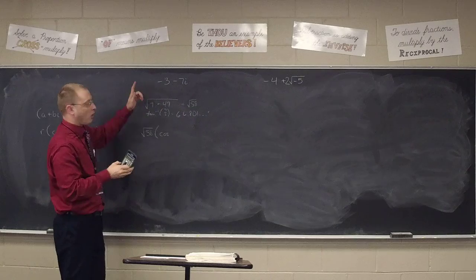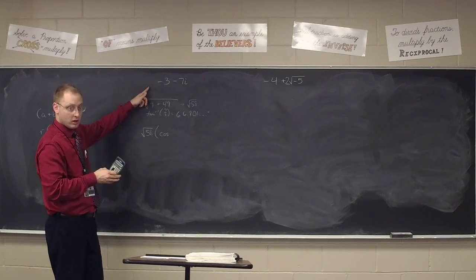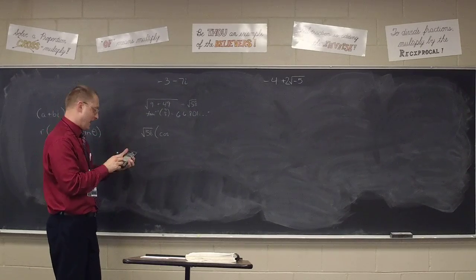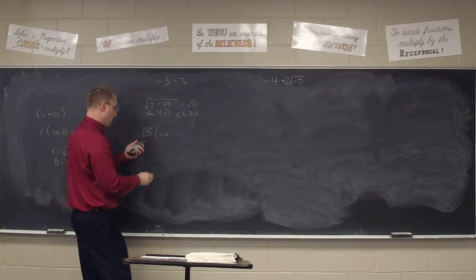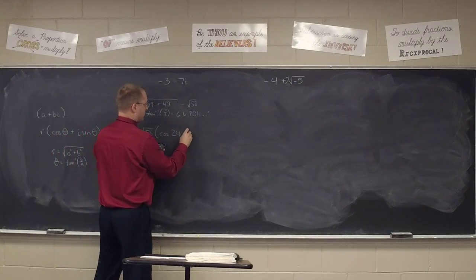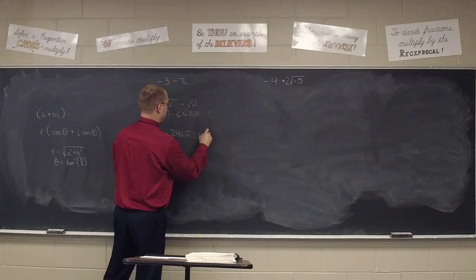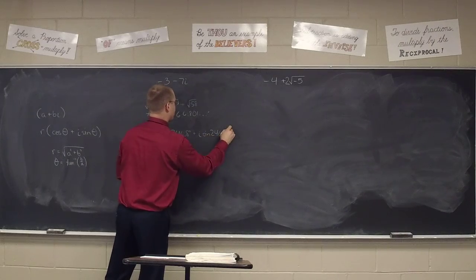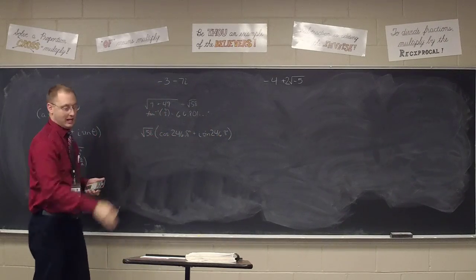But we're in quadrant 3, so we're going to add 180 to that, and we're going to call it 246.8 degrees plus I times the sine of 246.8 degrees. Remember, we'll go 1 decimal on the angles in here.